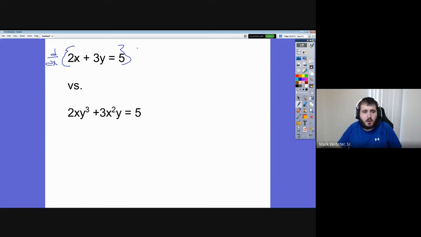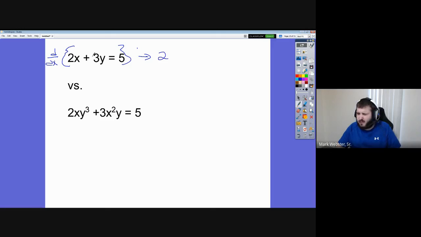The derivative with respect to x of 2x is 2. Anytime we take a derivative with respect to something that's not x, we treat it like normal, but afterwards we put a dy/dx times it.